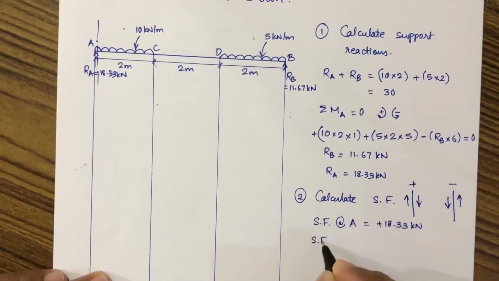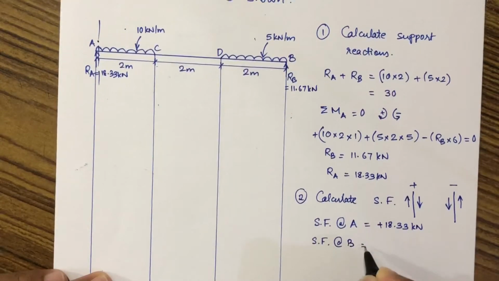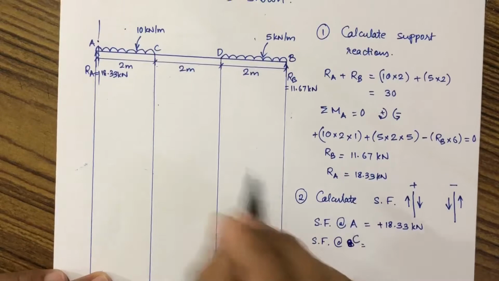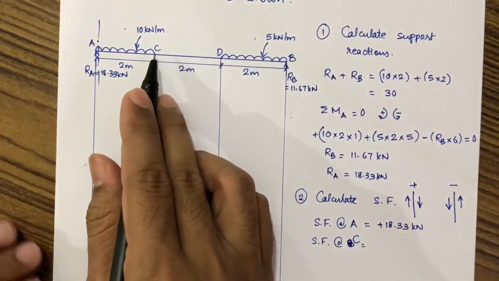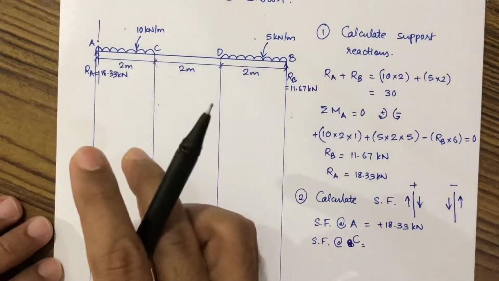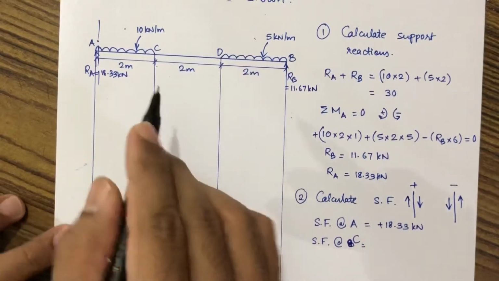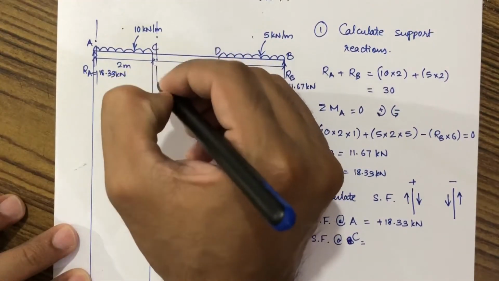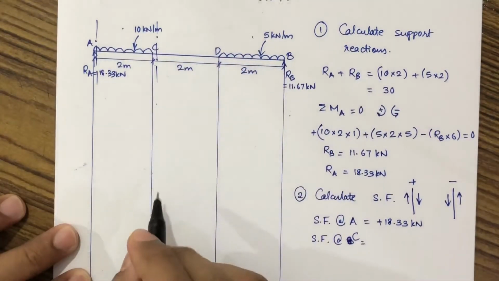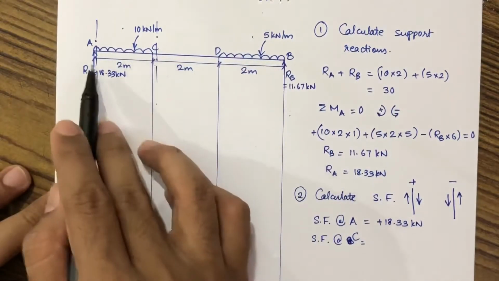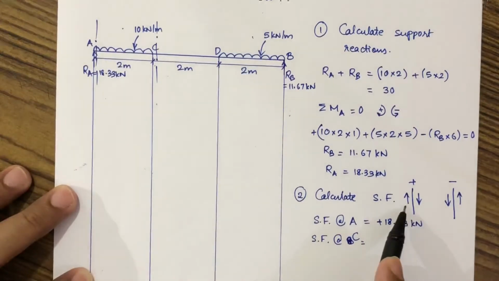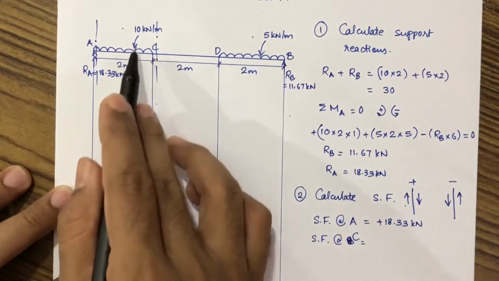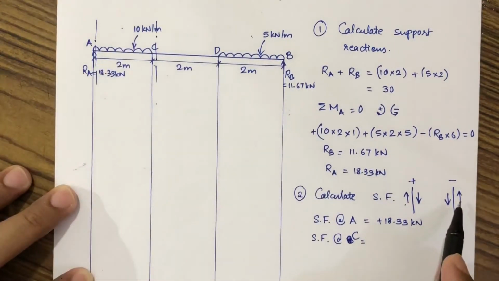Then shear force at C. This is point C. So we need to calculate shear force at C. Now here, let us consider this section just next to this point C. So the forces, if it is moving upward, it has to be taken plus. If the force is moving downwards, it has to be taken minus. Okay.